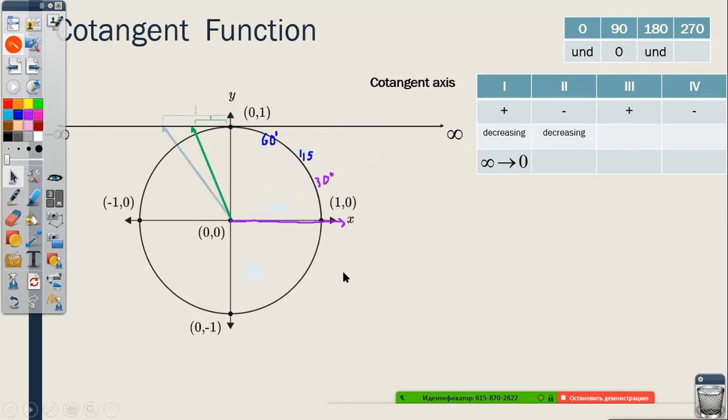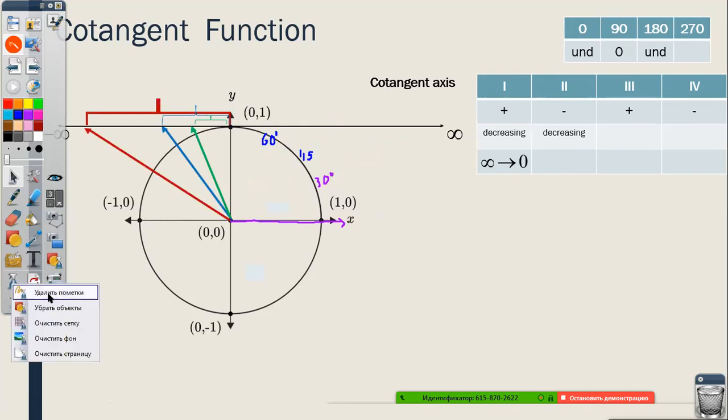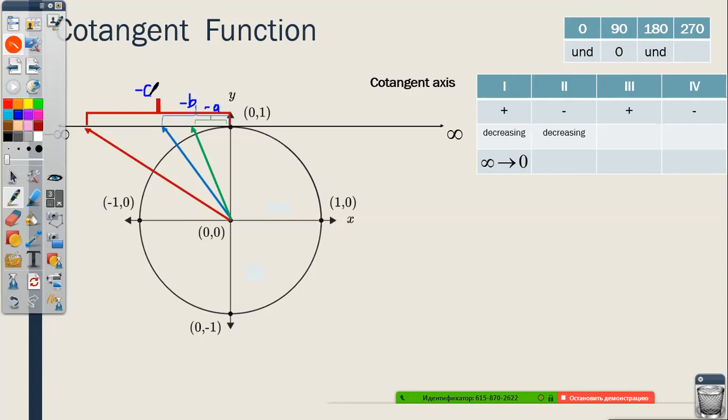So in the second quadrant, again I will compare three angles. When the angle is increasing, the values of the cotangent are again decreasing. So here, for example, it will be minus a. Cotangent of the next angle will be minus b. Cotangent of the third angle can be minus c. But we know that minus c is the smallest one here, then minus a.